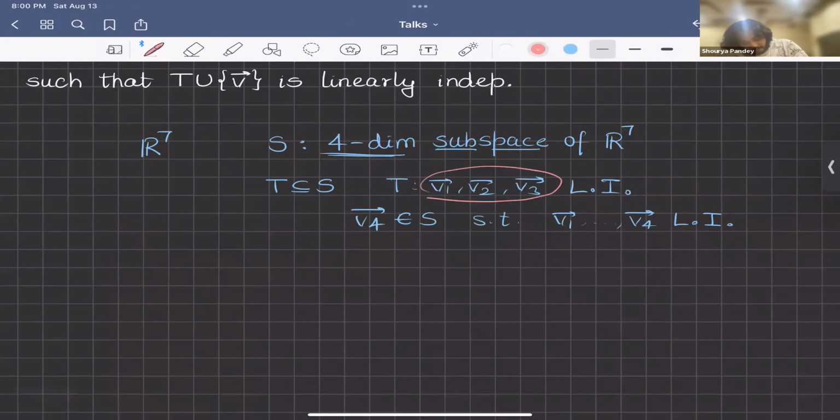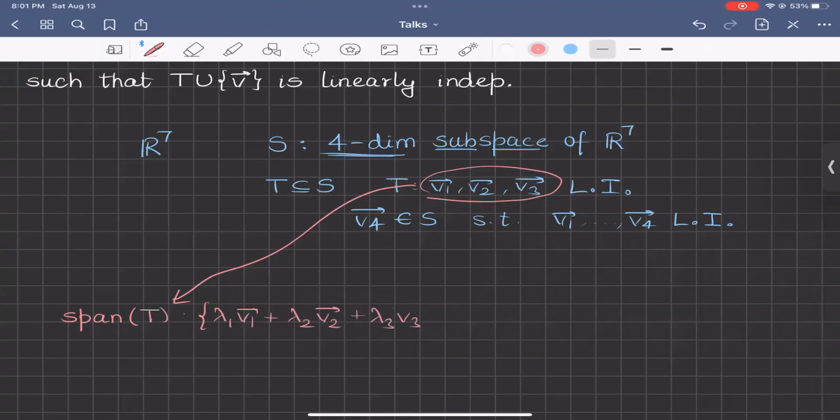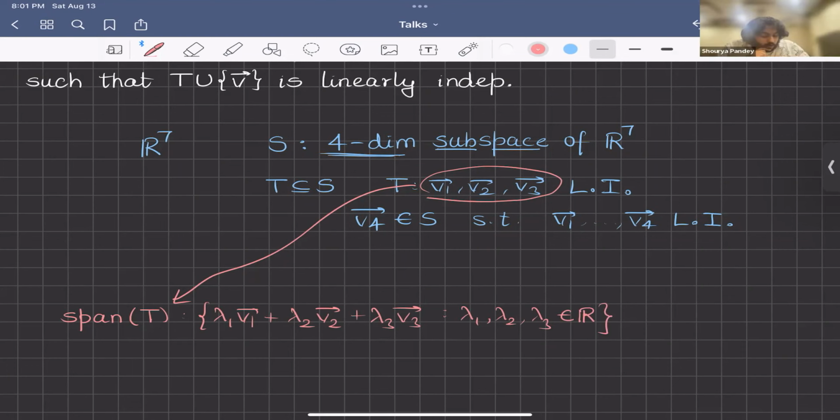You can look at the span of these vectors. So what is the span of T? It's a linear combination of V1, V2, V3, so some lambda 1 V1 plus lambda 2 V2 plus lambda 3 V3, where the lambdas are reals.